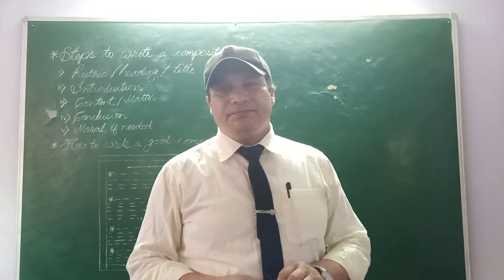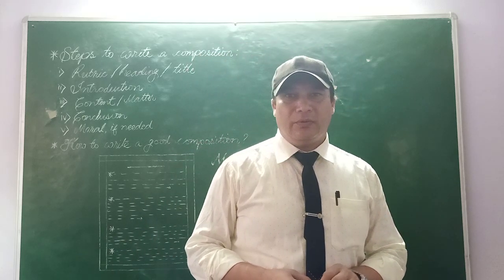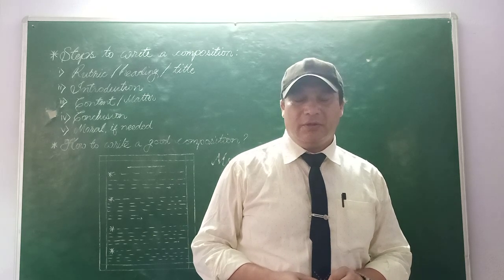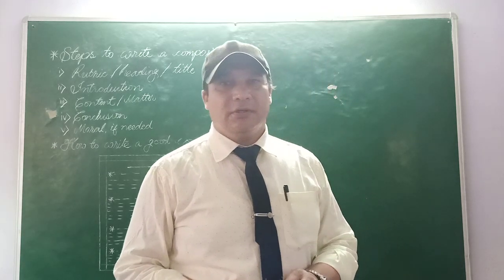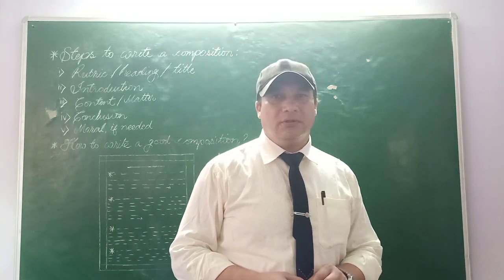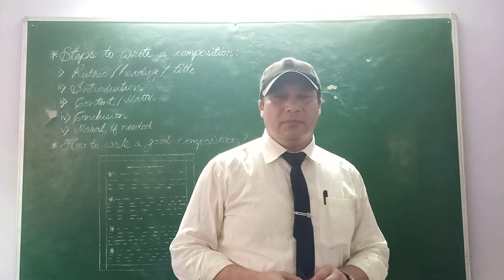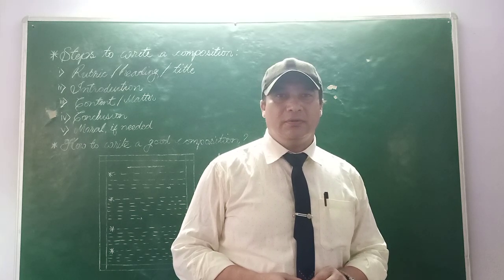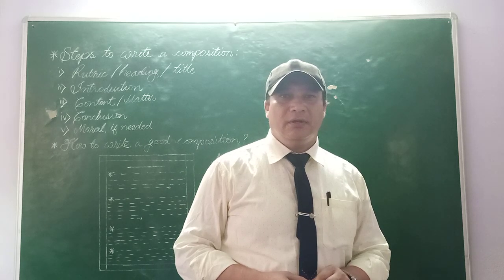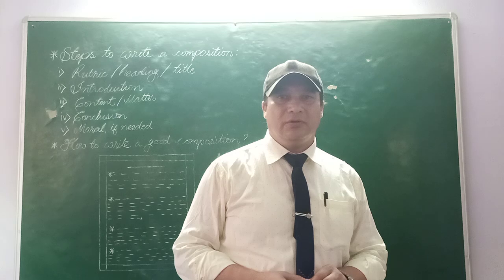In our last class in English language, or English paper 1, we started with our compositions. There we understood what a composition is, and the differences between three kinds of creative writing: paragraph writing, essay writing and composition.